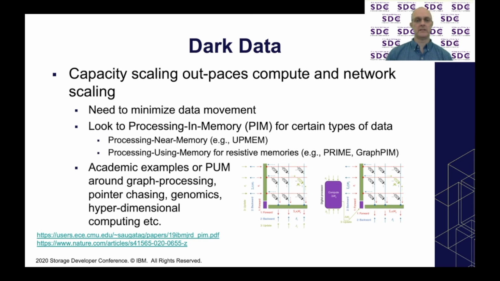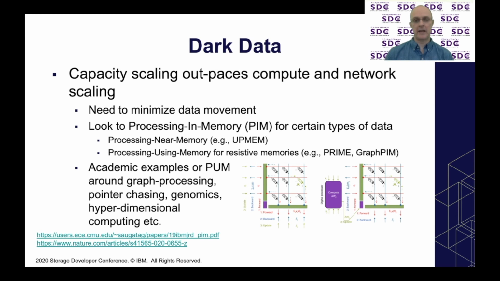And we need to look into technologies that push processing closer to the memory, processing in memory. You can differentiate these as two types: processing near memory, such as UPMEM, which effectively puts small cores or microprocessors close to the memory cells or close to the memory banks, and then processing using memory, where resistive memories are used directly to do computation.